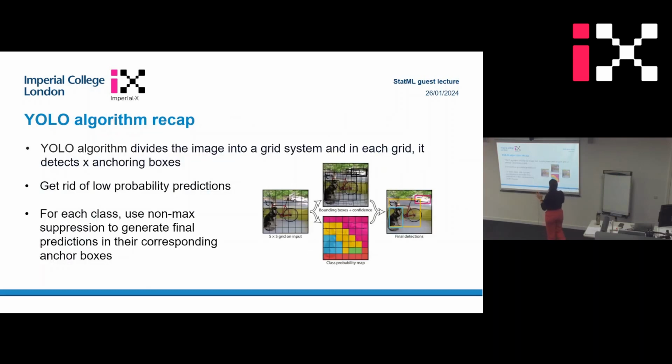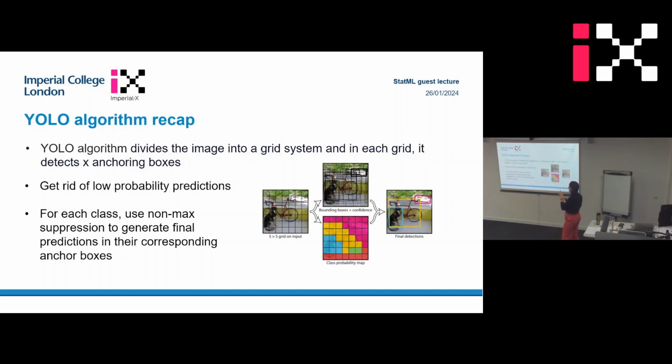So just as a recap, because there were quite a few slides on YOLO, the basic idea is you divide the image into a grid system. In each grid cell, you're going to be detecting as many anchoring boxes as you decided to have. So in the previous example, it was 2 anchoring boxes.